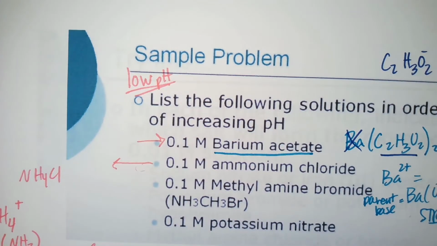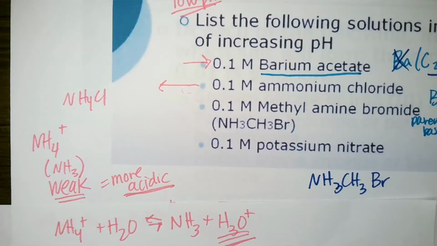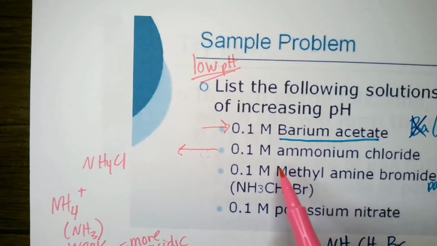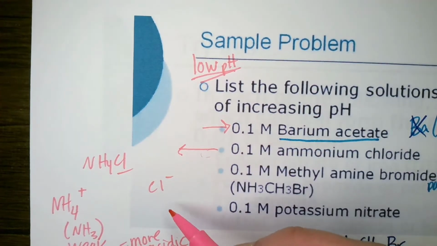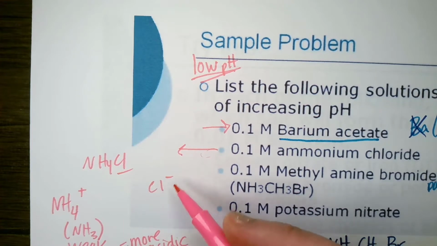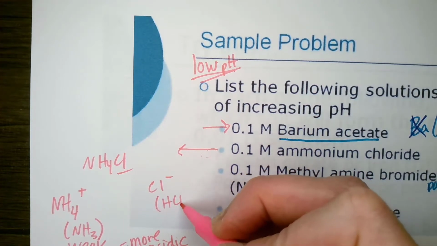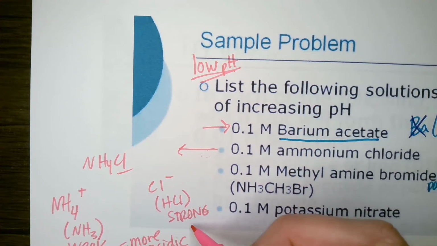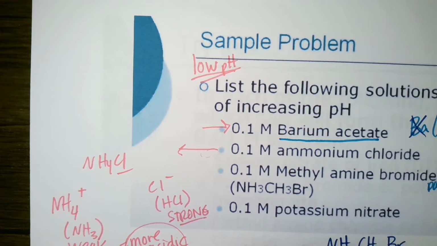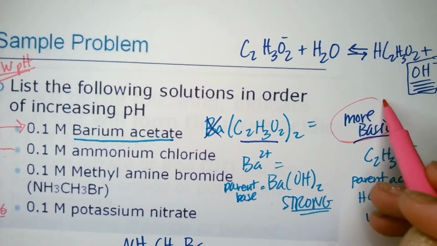Now the chloride, Cl minus: its parent acid is HCl, which we know is strong, part of the strong 7, so there will be no effect on the pH. So we've got more acidic here, and more basic here.